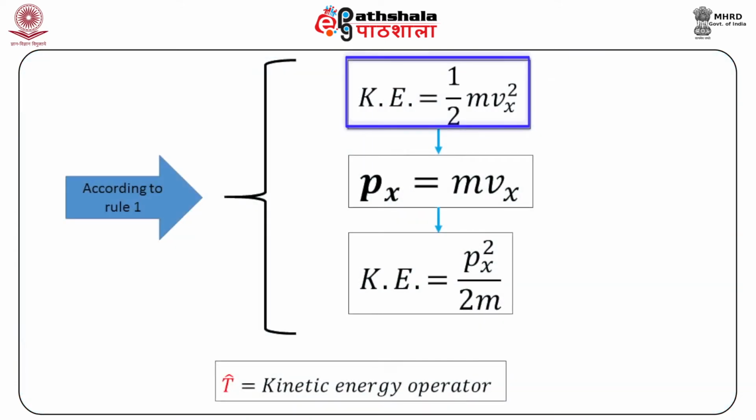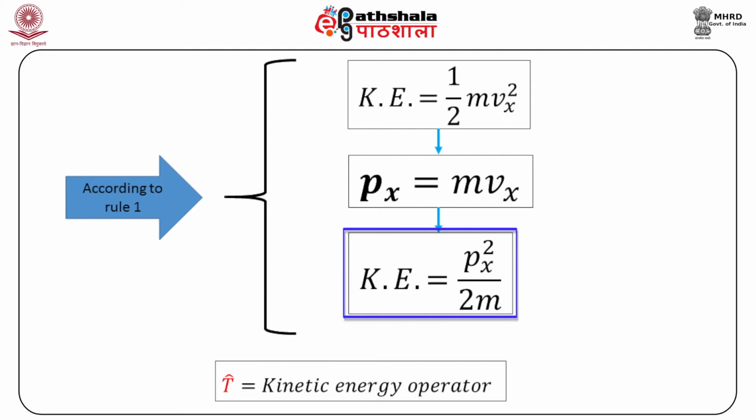The classical expression would be half m vx square, where you can see vx is the velocity along the x direction. Now this expression can also be written in the form of linear momentum, and it becomes kinetic energy is equal to px square by 2m. So this is the classical expression.